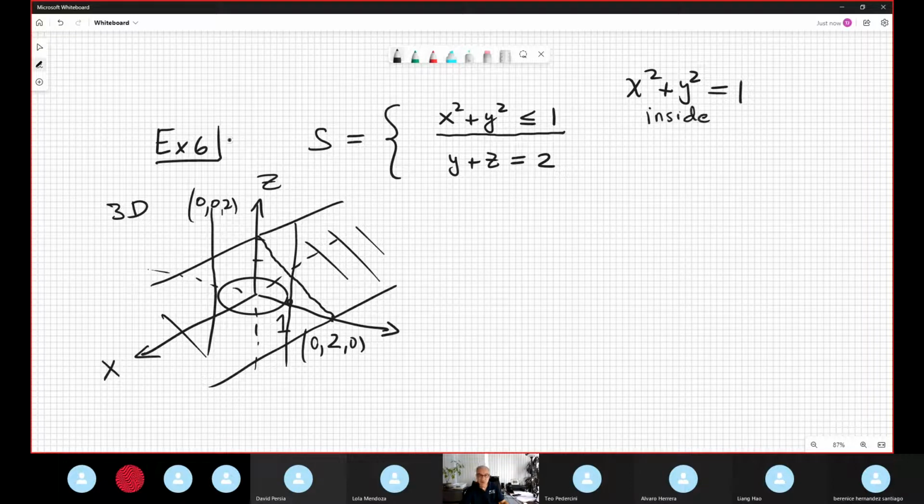Inside the cylinder and on the plane. So normally I try to do my best to draw the surface. The surface is on the plane, I suppose here, but inside this.